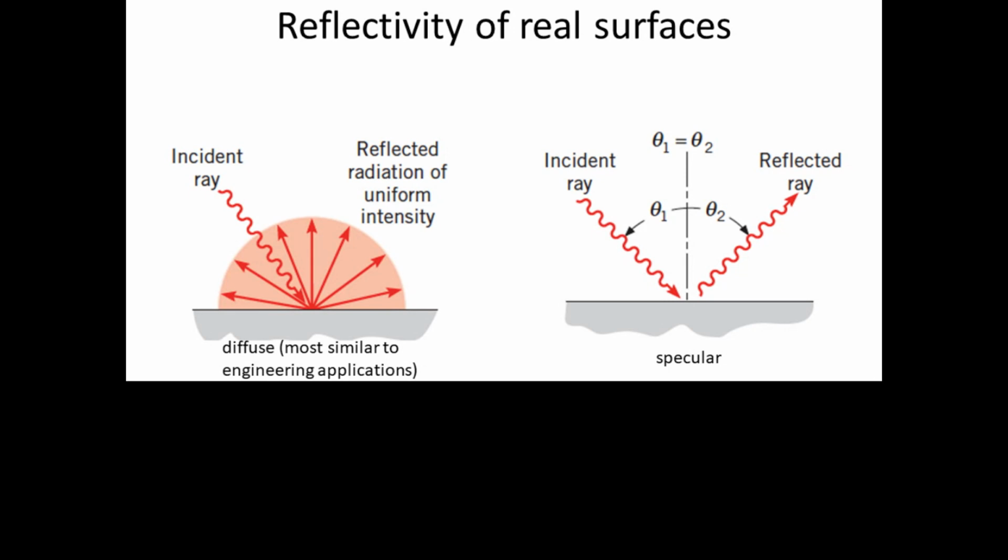In reality, for a black body and most other surfaces like this wall or skin or pretty much everything we see that is not a mirror, light comes in and gets scattered all around. Right? This is what is called a diffuse emitter.